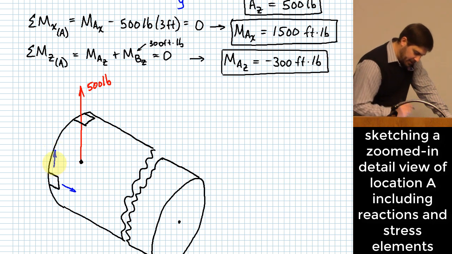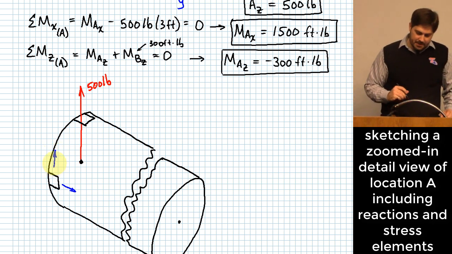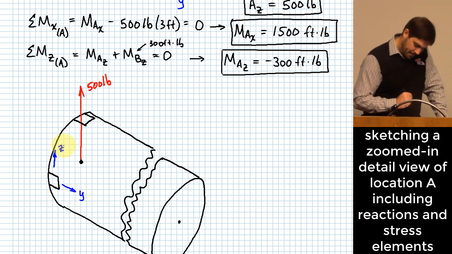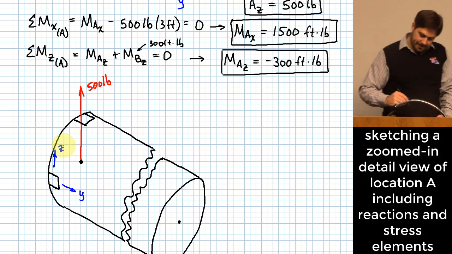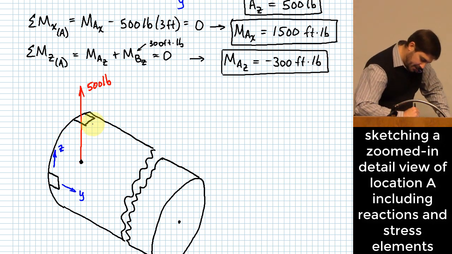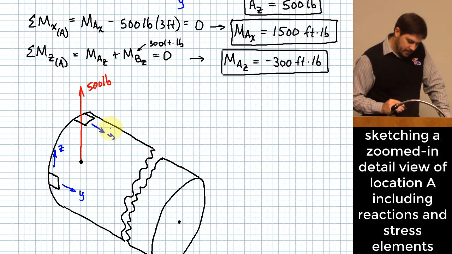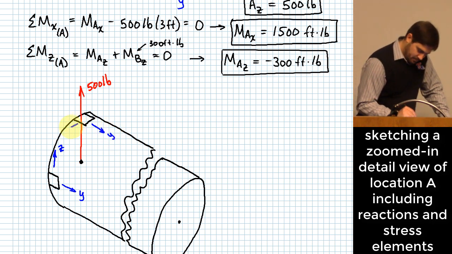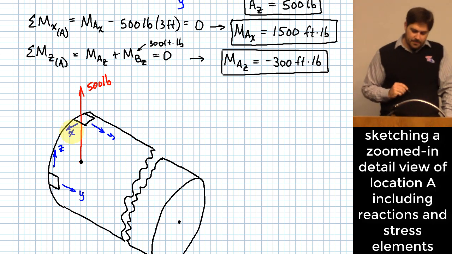So this patch down here is going to be aligned such that this is the Y direction and this is the Z direction. Okay? This patch up here is going to be aligned so that this is the Y direction. And what's the X direction? So does this make sense?